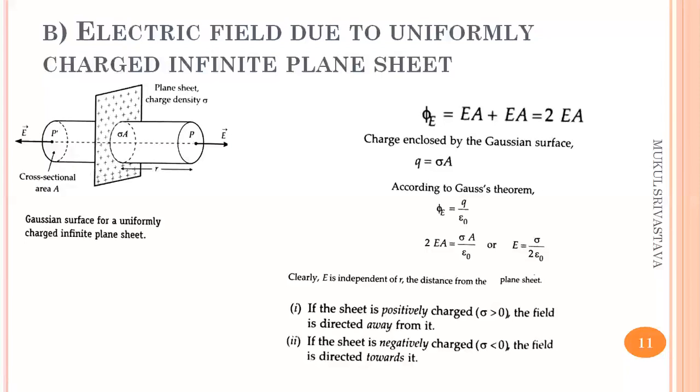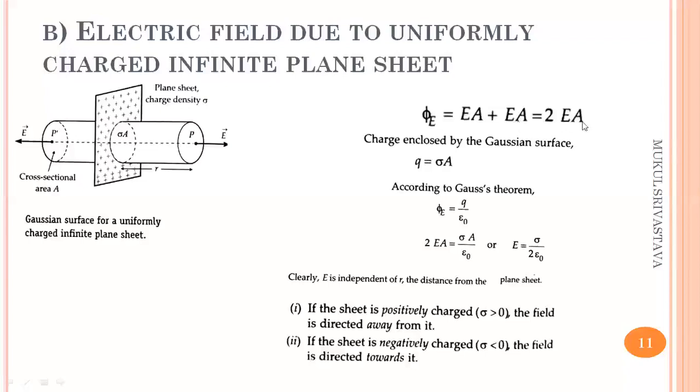As the lines of force are parallel to the curved surface of the cylinder, the flux through the curved surface is zero. The flux through the plane end faces of the cylinder is given by phi E equals the sum of EA plus EA, that is 2EA.